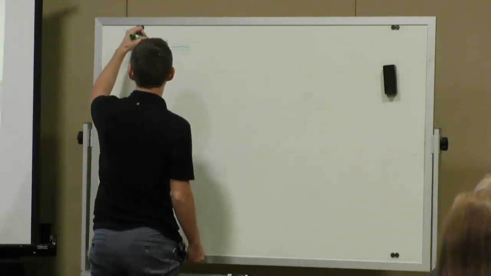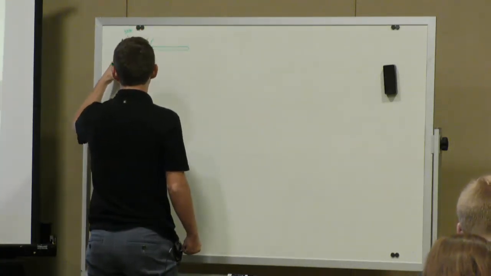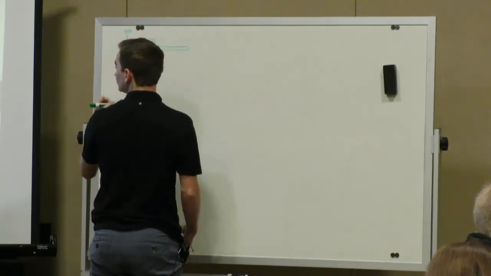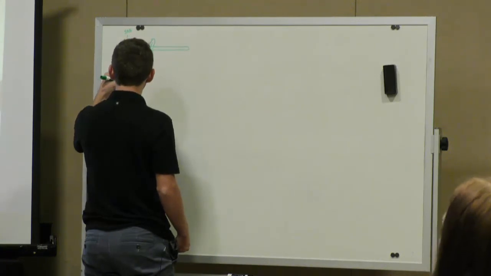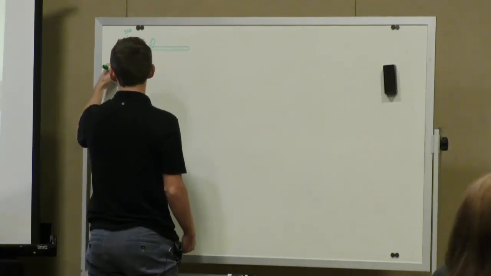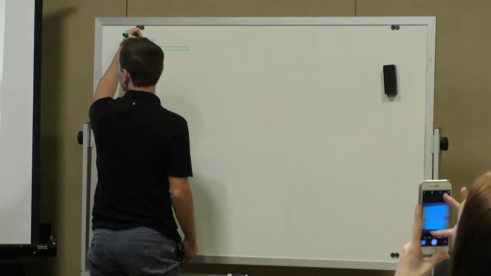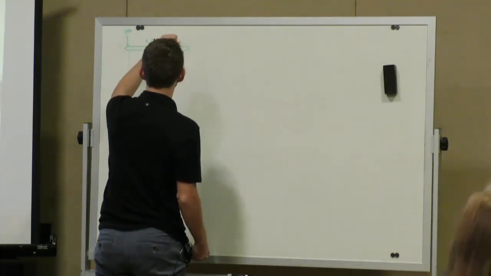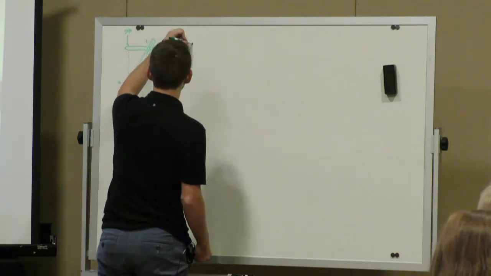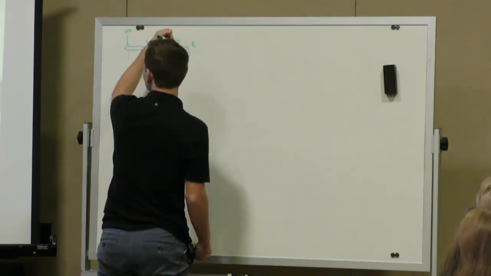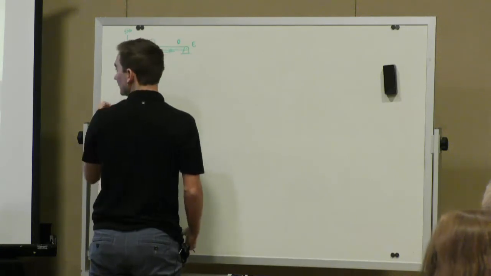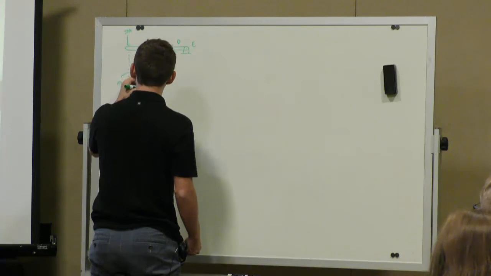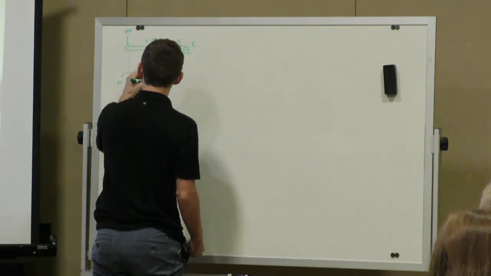We have a pin at A. This is point C. And we have a couple moment at A of 600 pounds per foot.